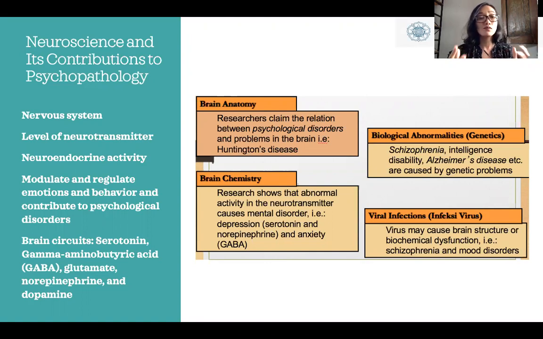This is the focus of neuroscience, okay? So I believe you still remember from your biopsychology or cognitive psychology class that the human nervous system includes the central nervous system, consisting of the brain and our spinal cord, and the peripheral nervous system, yeah?